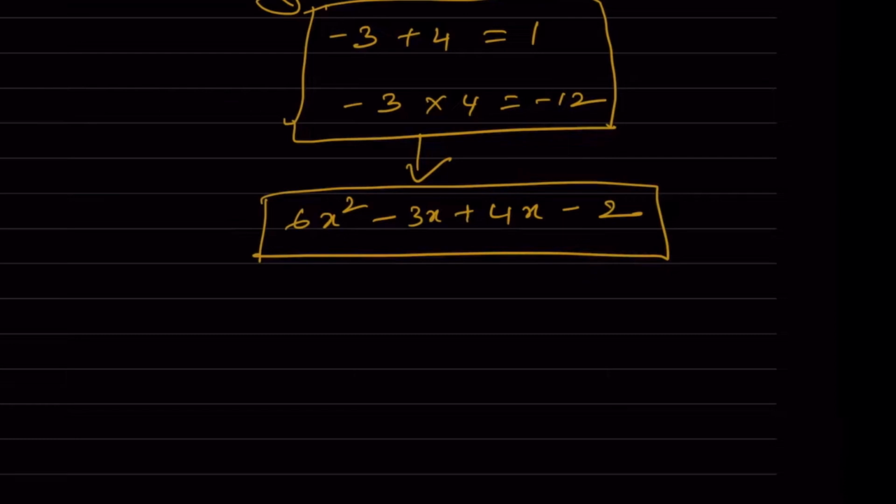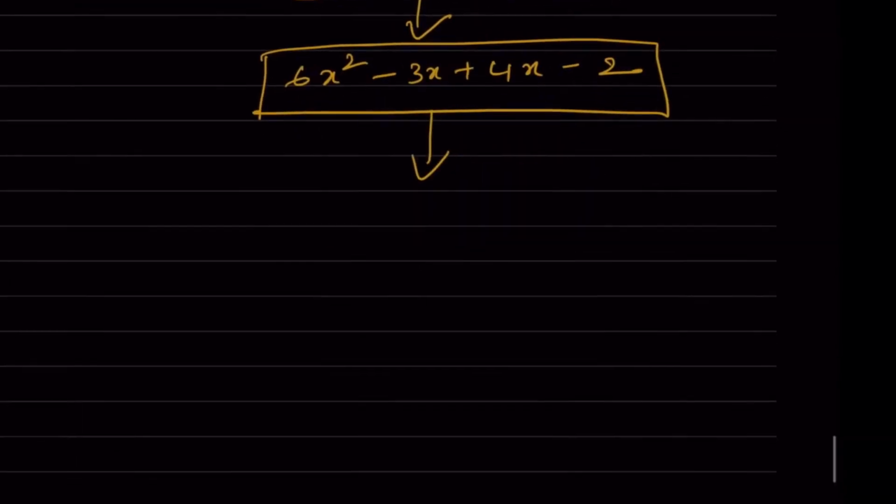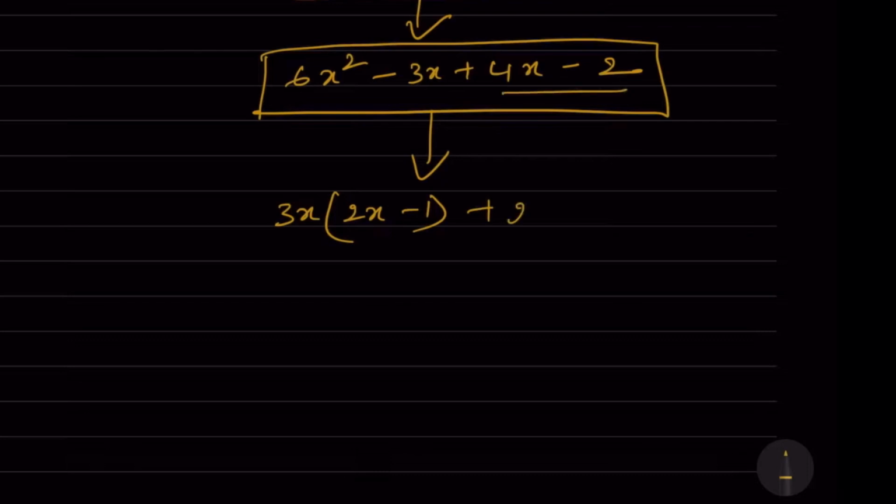Then you can take the next step. In the first two terms, what can we take out common? Here you can take 3x common. So 3x into, what will you get inside? 2x minus 1. Plus, in these two terms, 2 you can take out common, so 2x minus 1.